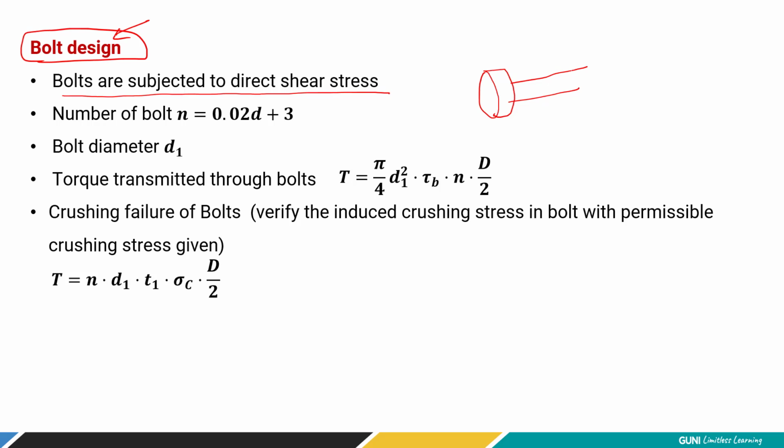Whenever torque is applied on this bolt, the circular cross section is subjected to shear stresses. Because of that, the bolt may shear off from its shank body in two pieces. This is how the bolt is going to fail, under pure direct shear stresses.